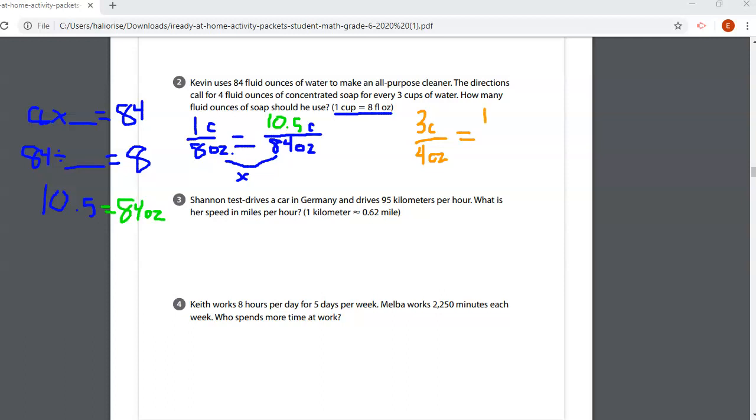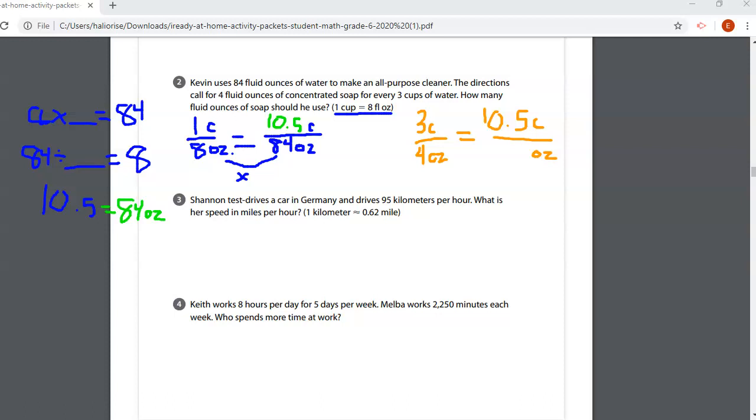So we will put the 10 and a half right here because we want to match up the units. And we want to know how many ounces of soap he should use, right? And this is 4 fluid ounces of soap per 3 cups of water.